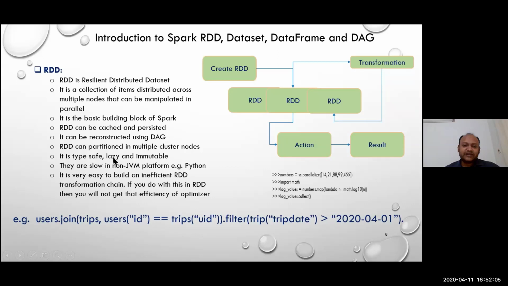And it's lazy. What does it mean? Just to make you understand why it's lazy, we are loading these numbers into an object, let's say an array of objects for the time being, and we are making one map function so that we can find the log value of these numbers, and storing it in another RDD named log values.